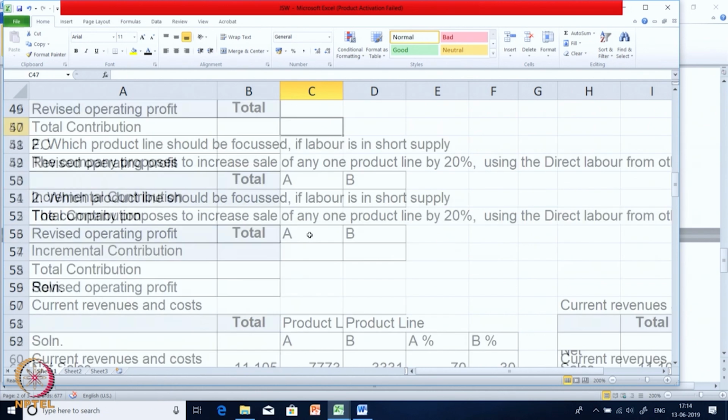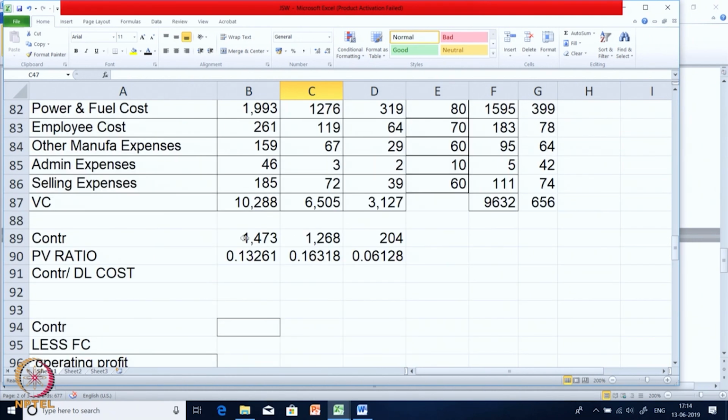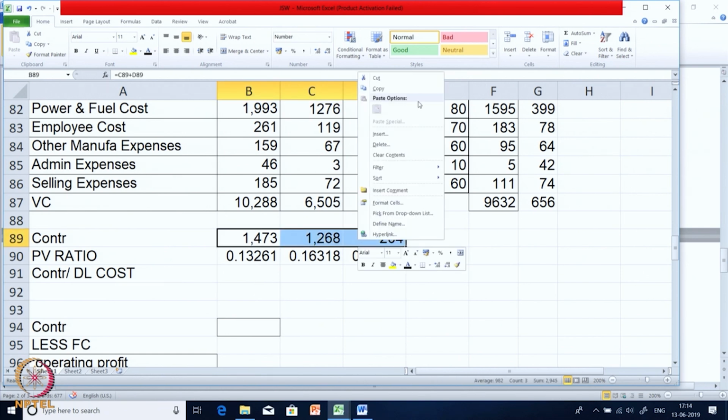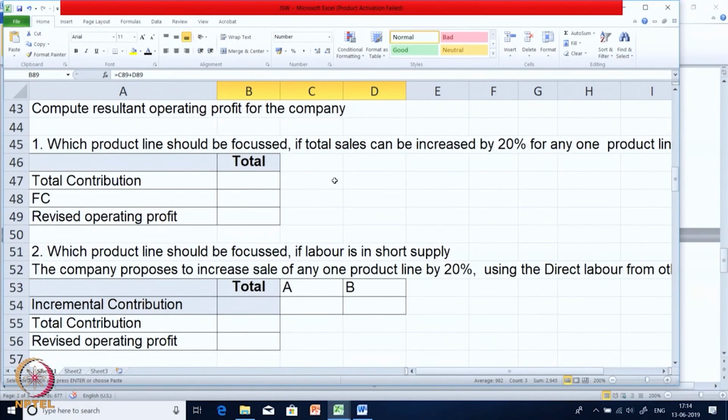So what I will do is, we will take the current contribution. I think that will clarify it more. So you are having total A and B current contributions. Now the revised total contribution is very simple to calculate.